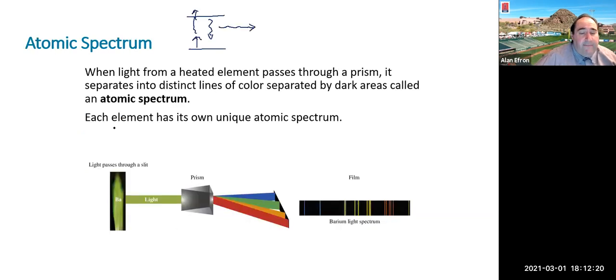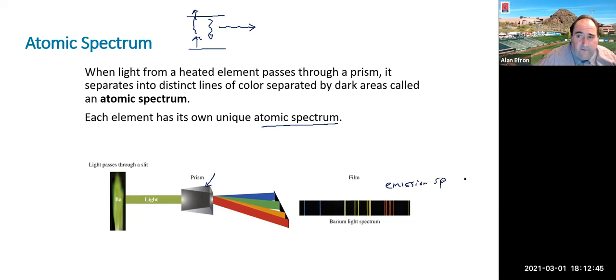But one thing that happens when we excite an element, either in a flame test or an electrical discharge tube, and we run that light through a prism which separates out all the light, is that elements usually give their own unique atomic spectrum, sometimes referred to as an emission spectrum.